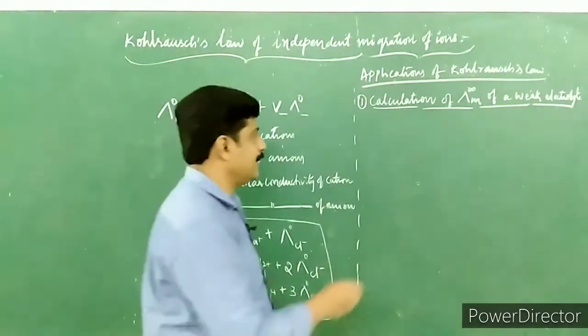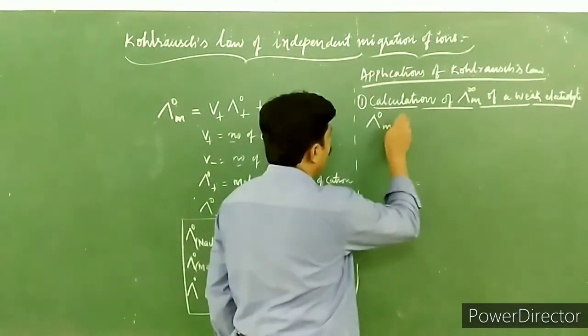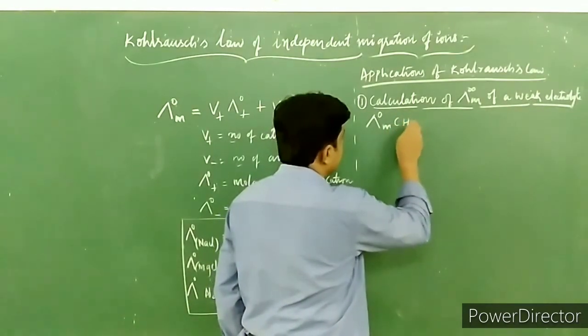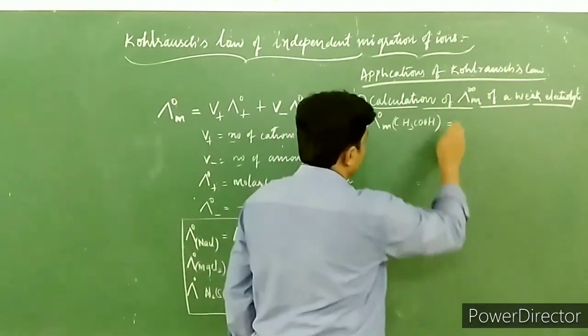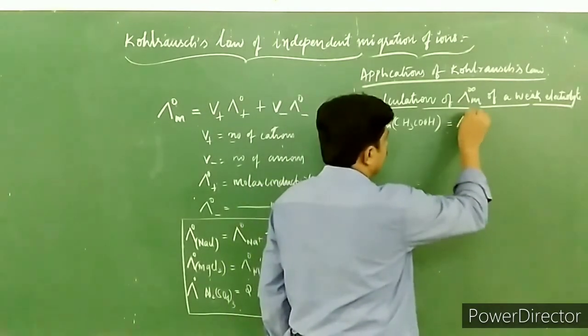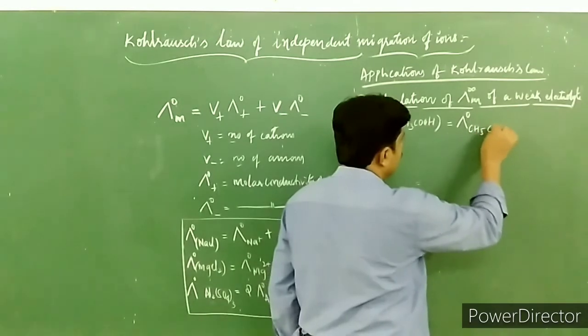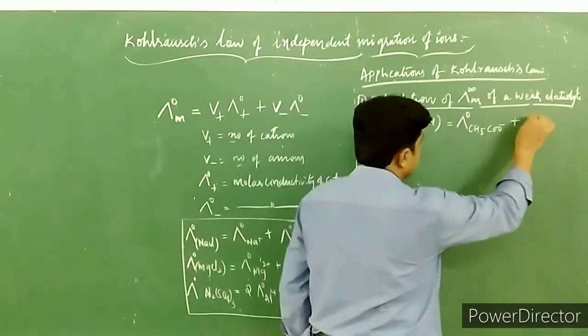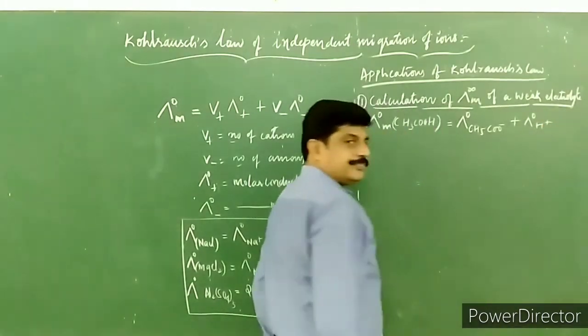Let me take up an example. Limiting molar conductivity of CH3COOH, what is this? Acetic acid. That is equal to the individual contribution of ions: limiting molar conductivity of CH3COO minus plus limiting molar conductivity of H plus ions.